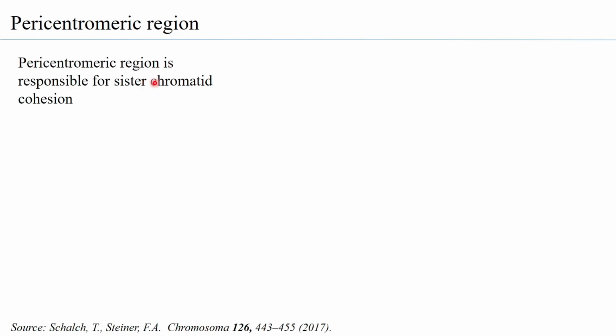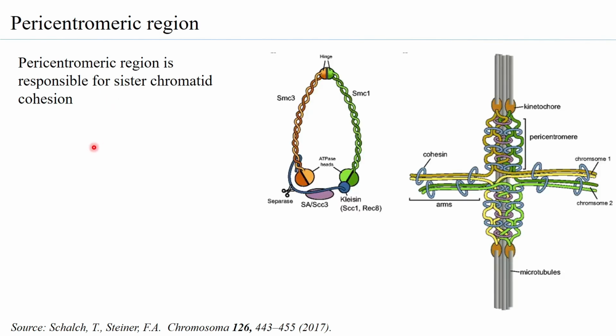Now, we come to the pericentromeric region. The pericentromeric region is actually responsible for sister chromatid cohesion. So this particular region of the centromere is more associated with holding the two sister chromatids together, although it definitely has a role in also getting associated with the kinetochore, which in turn is associated with the microtubules, that is the spindle fibers.